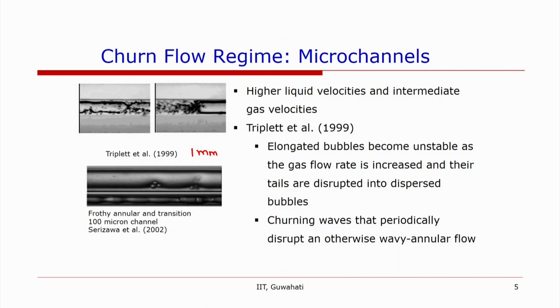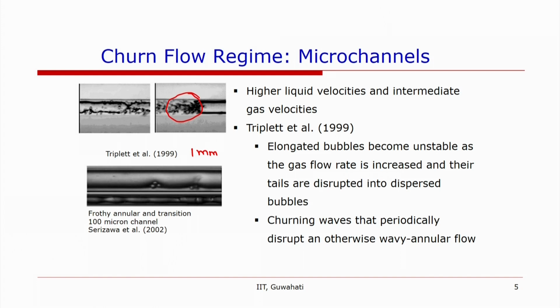The first one, you have elongated bubbles, so something like this, and these bubbles start becoming unstable because when the gas flow rate is increased, the tails of the bubbles are disrupted by the bubbles dispersed into it. Okay. So, in one case we have long Taylor bubbles, and then the gas flow rate becomes higher and the tail is disrupted.